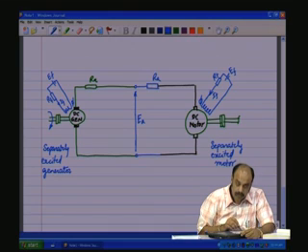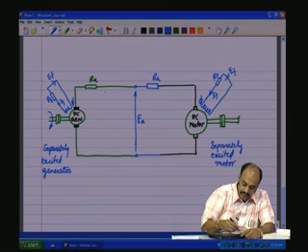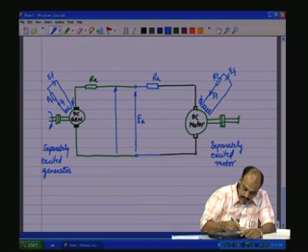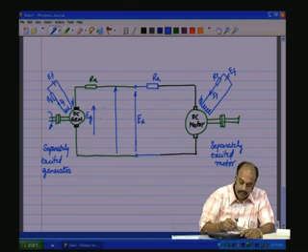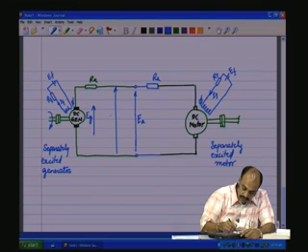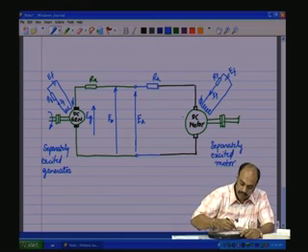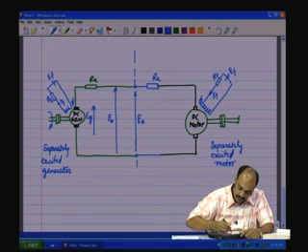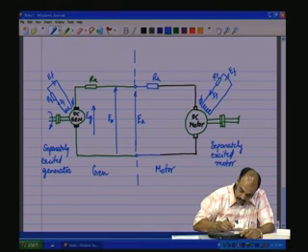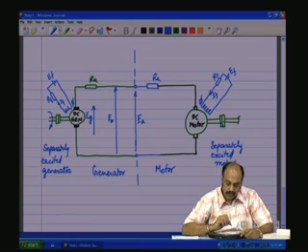This prime mover is going to supply the mechanical energy through the generator, which generates the EG across the generator. Then after the drop, what you get here is E naught, the armature applied voltage to the motor. So, here you have the motor, here you have the generator. So, E naught and EA are the same.